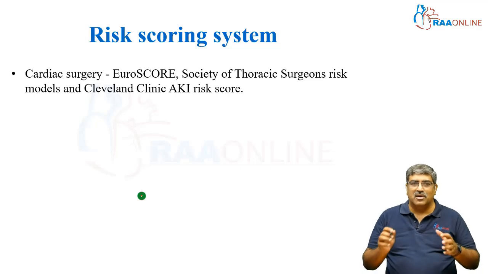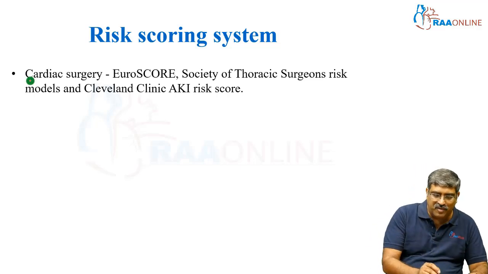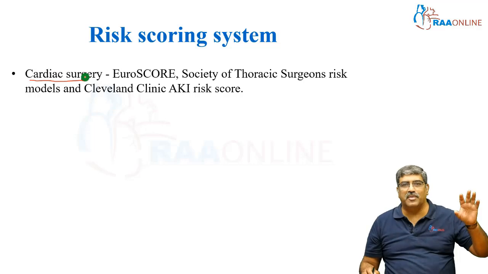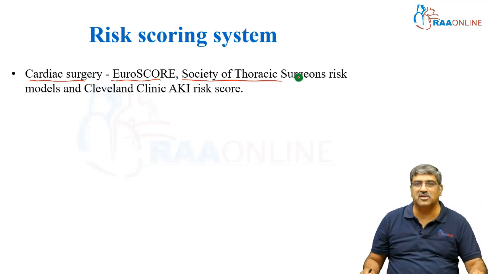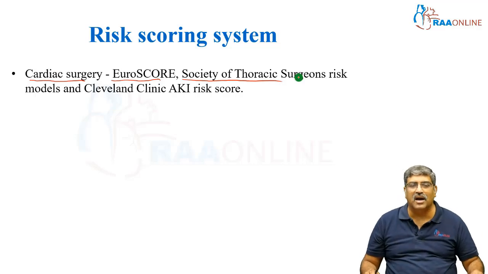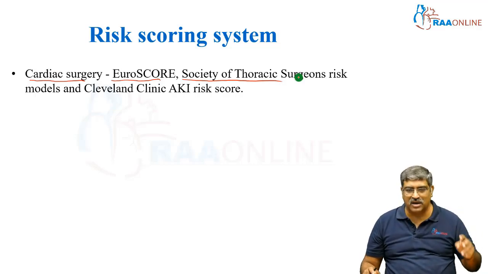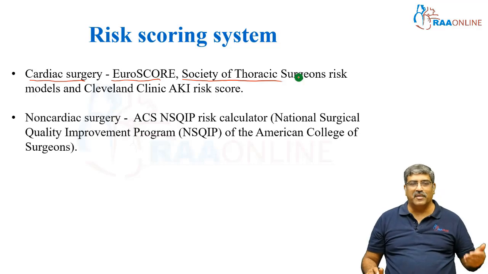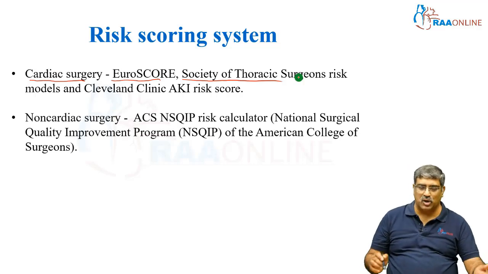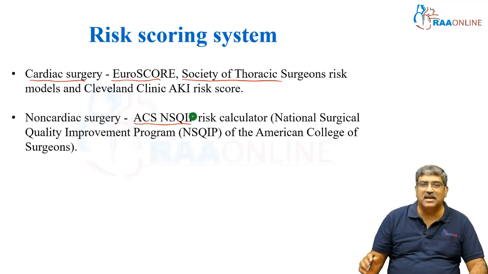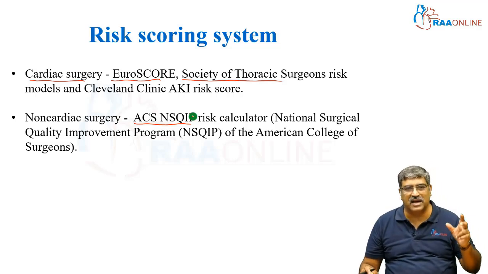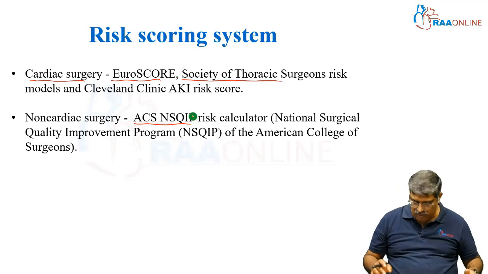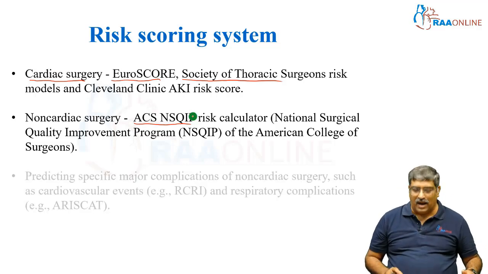Now coming to cardiac surgery, what are the various risk scoring systems available? You have EuroSCORE, the STS score, which is the Society of Thoracic Surgeons score, and the Cleveland Clinic acute kidney injury risk score. Coming to non-cardiac surgery, you have ACS-NSQIP, which is nothing but the American College of Surgeons National Surgical Quality Improvement Program score.